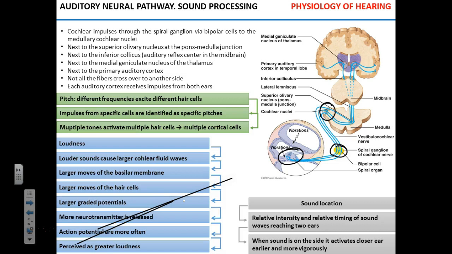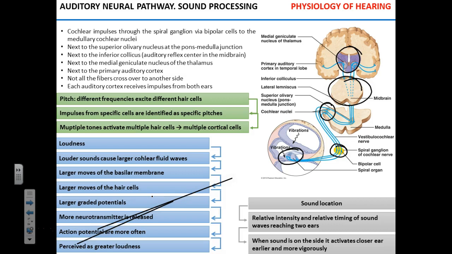From cochlear nucleus, the auditory output goes via the midbrain, which is responsible for the auditory reflex. Remember the startle reflex? Okay. It goes to the thalamus, and what's important, some of those fibers decussate and some don't.